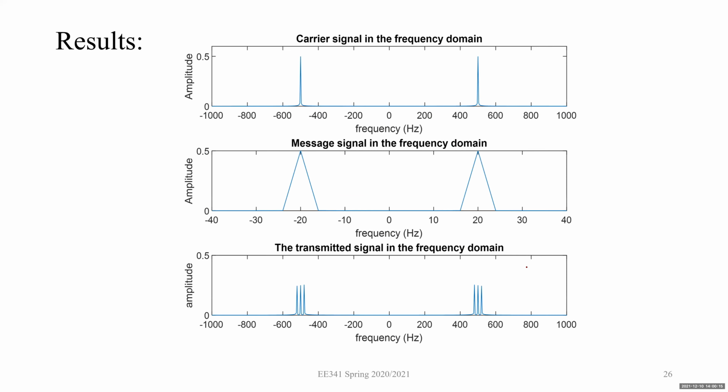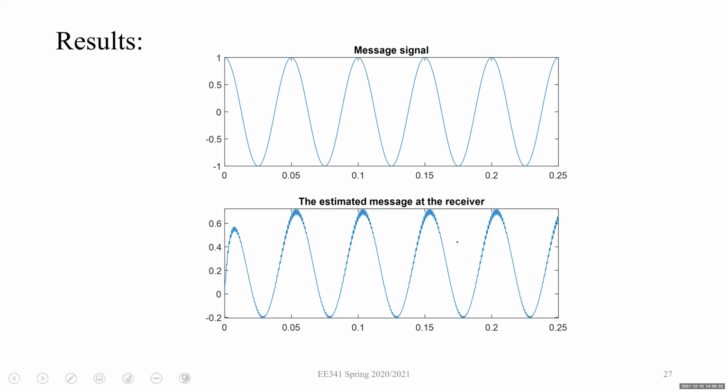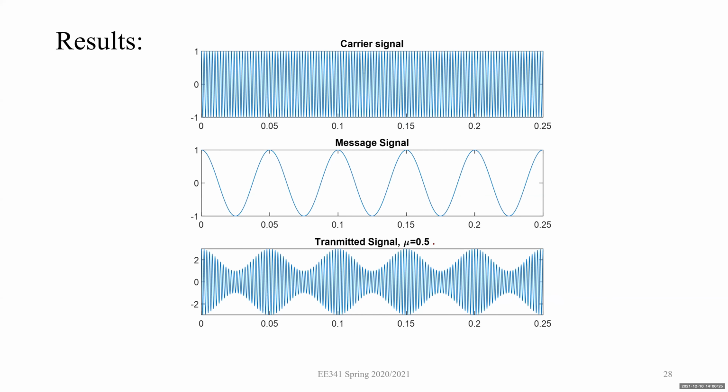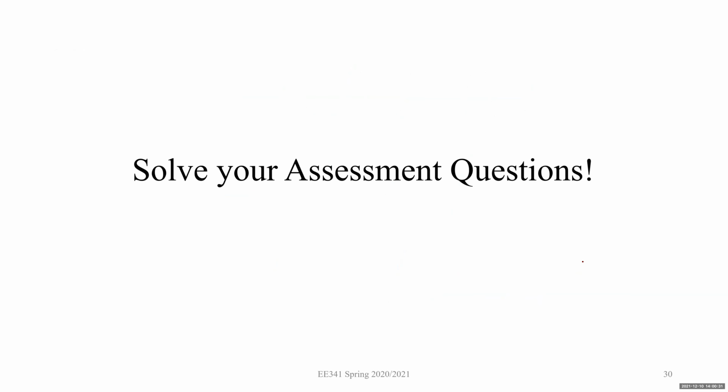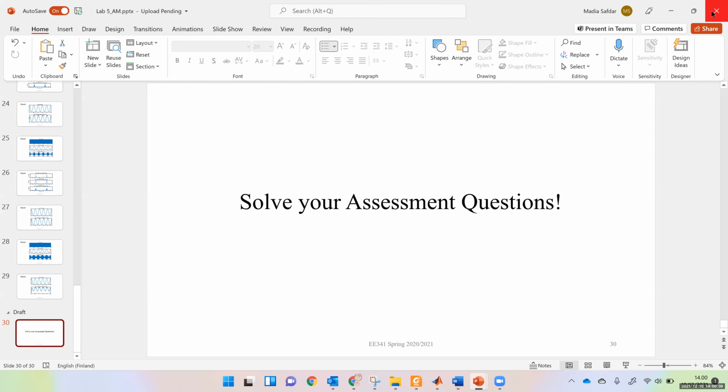Then this is the frequency domain analysis for mu equals 2. When it is less than 1, this is good. So this is my original signal, this is my estimated signal. This is all about lab number 5.